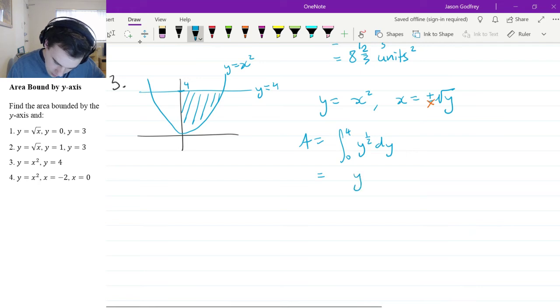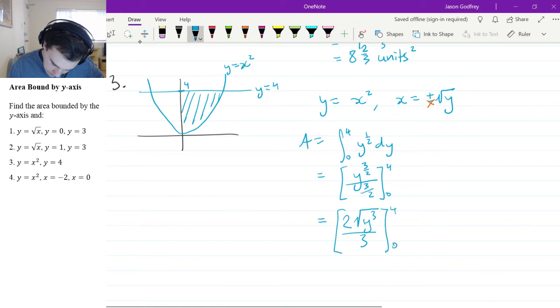So half, add 1 to the power, is 3 on 2. Divide by the new power, 3 on 2. And now here again we can write this as y cubed, with the 2 in the denominator meaning square root, and divide by 3 on 2 is the same as times by the reciprocal, 2 on 3.